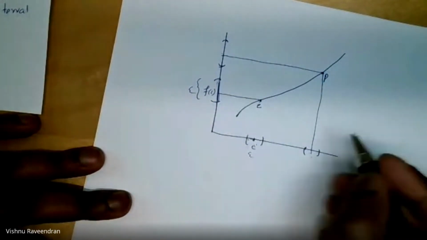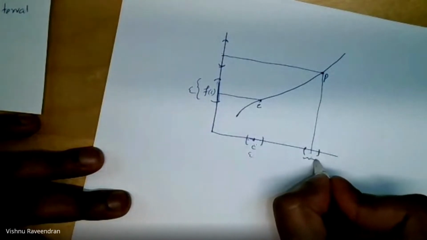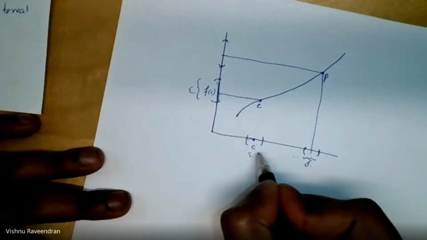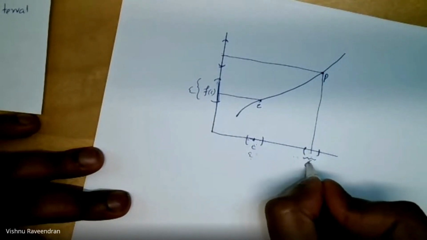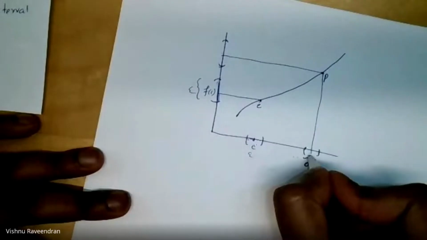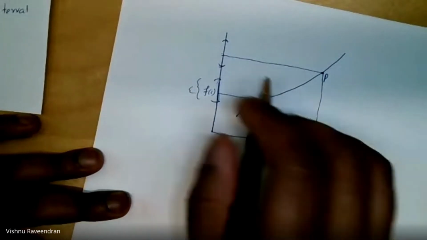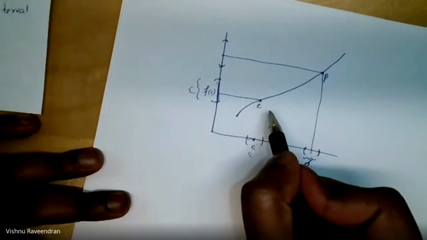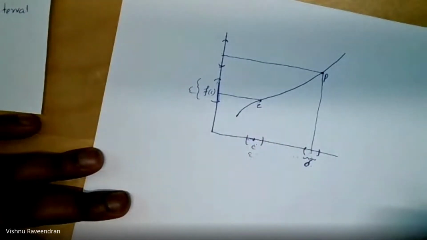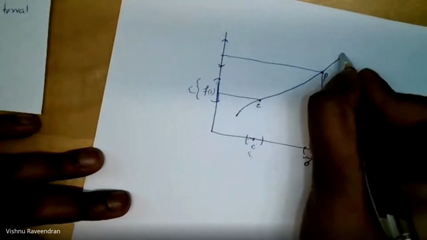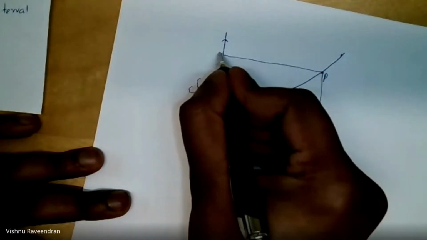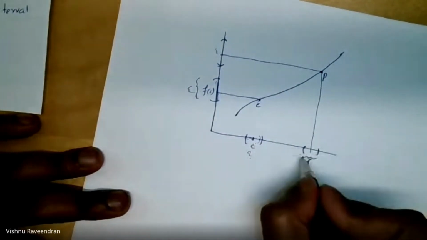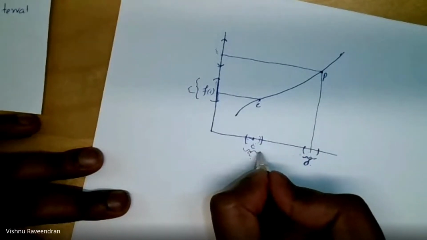But here the catch is that this delta can be different from this delta, because we say it's only continuous. So this delta depends on this point C. But what uniform continuity says is that if you choose any point and find an epsilon neighborhood, these deltas will be the same. You can choose the same delta at every point.